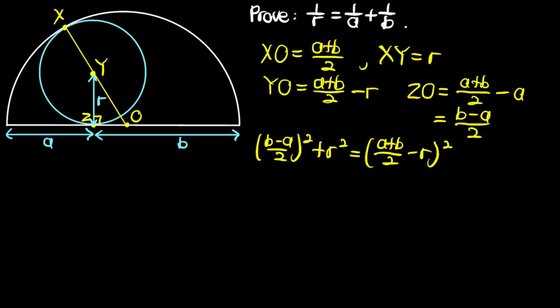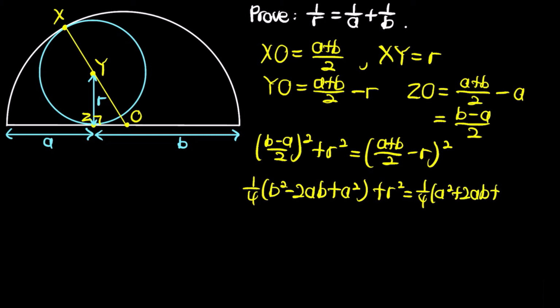Expanding everything, you get that this is the same as 1 over 4 times (b squared minus 2ab plus a squared) plus r squared is equal to 1 over 4 times (a squared plus 2ab plus b squared) minus r times (a plus b), which is the cross term, plus r squared.